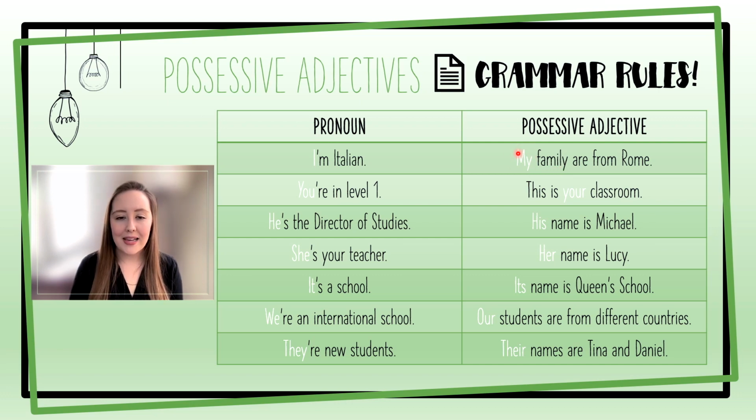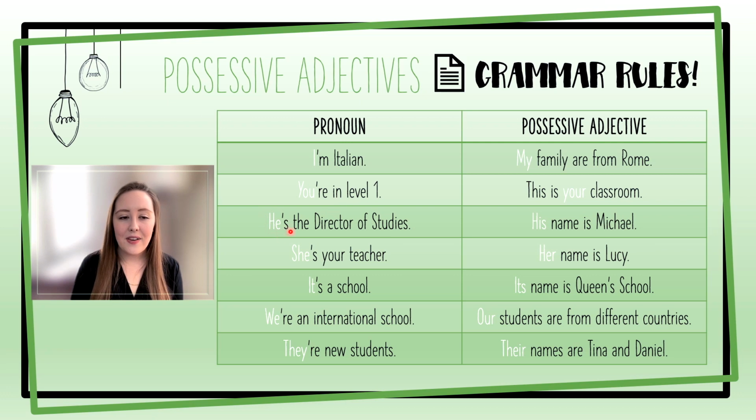Good. You're in level 1. The possessive adjective for you is your. This is your classroom. Can you say it? This is your classroom. Well done.